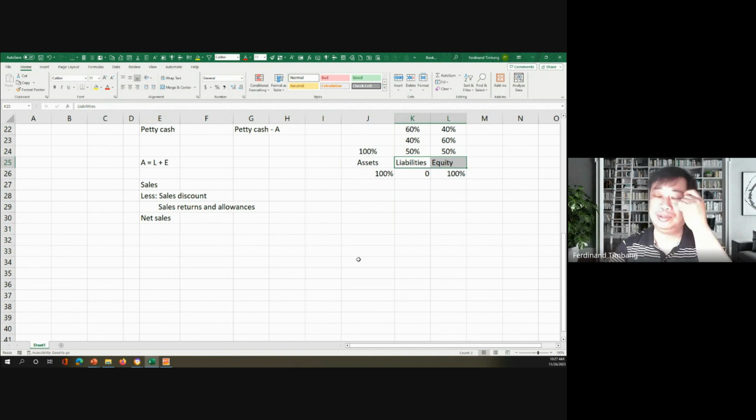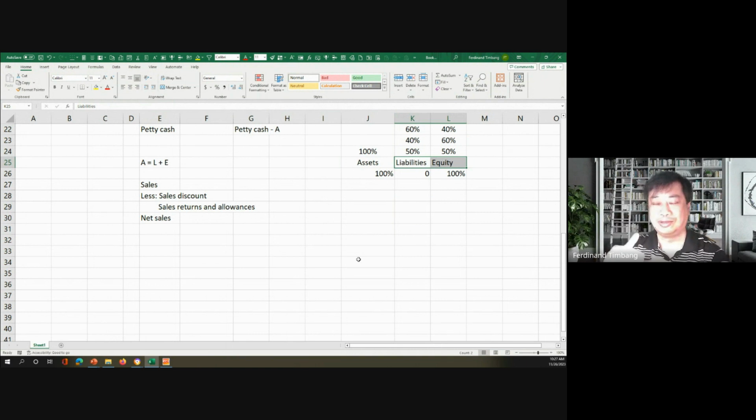Ibig sabihin, in layman's terms, yung cost of capital, ito yung puhunan natin, o ito yung cost ng puhunan natin. At dapat, hindi tumaas yung cost. So, in other terms also, kung cost natin ay 10%, halimbawa, dapat ma-maintain natin yung 10% na yun.